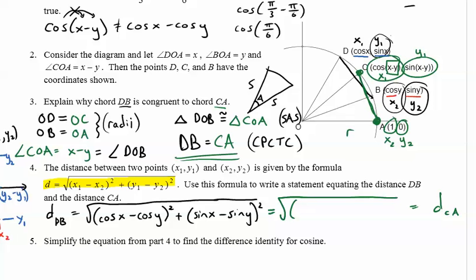So my first thing is x1, cosine of x minus y, minus 1 squared, plus sine of x minus y, minus y2, 0 squared.